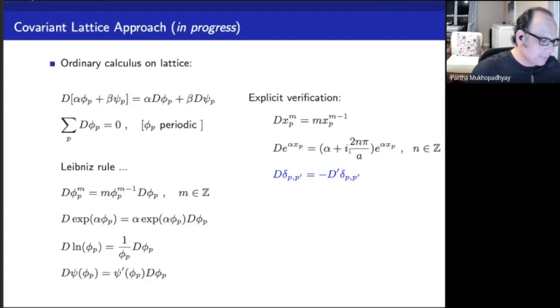This ambiguity is not bad news. Actually, I think it is good news, because if the Leibniz rule is satisfied in position space, and you do the Fourier transform, then this D is going to act on the Fourier modes, and for each calculation you have to choose the branch properly. It is only when you choose the branch in the right fashion that it is consistent with the Leibniz rule.